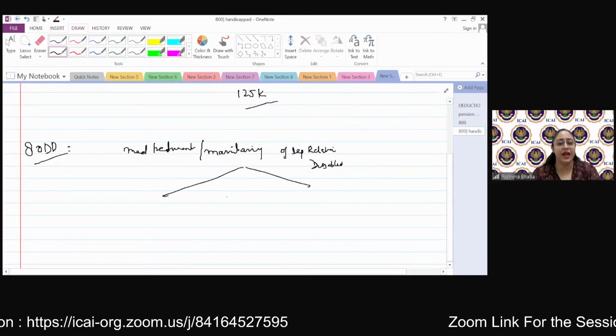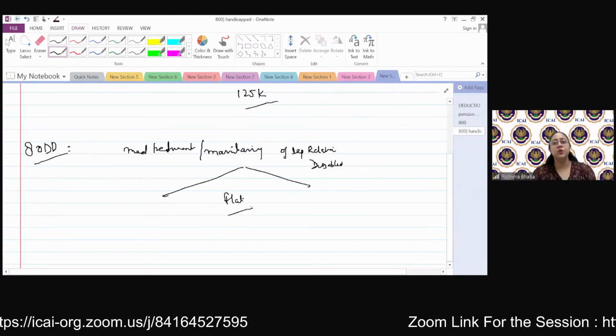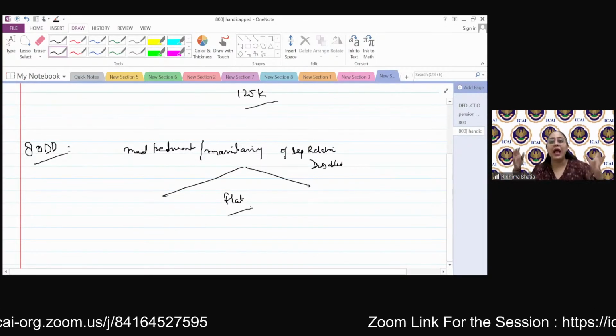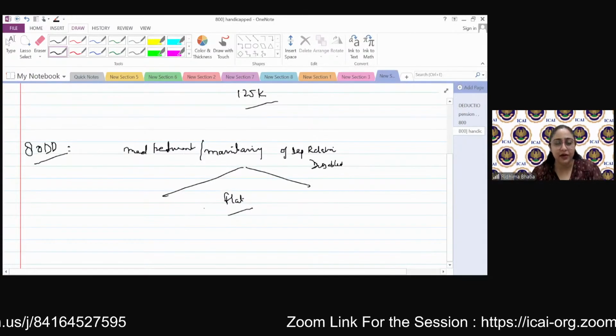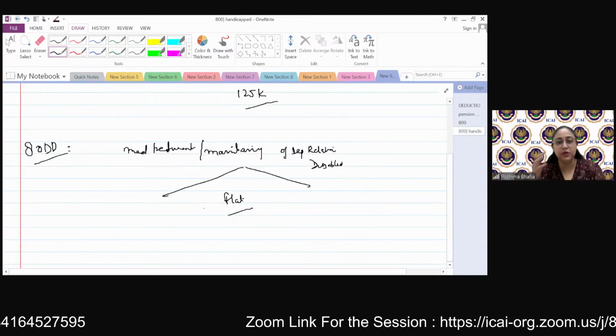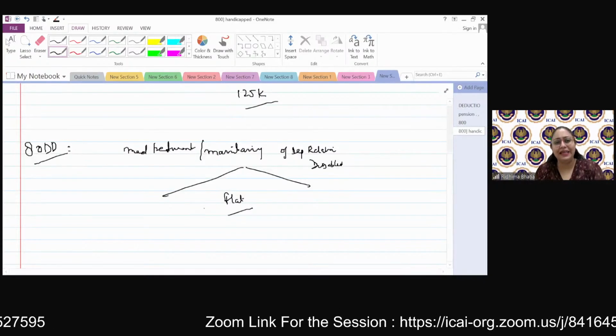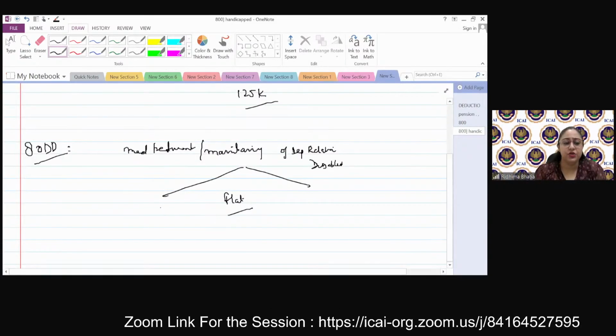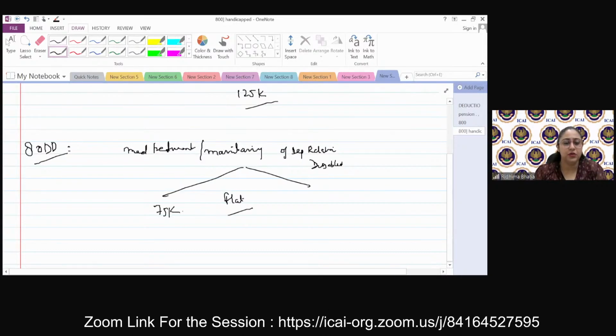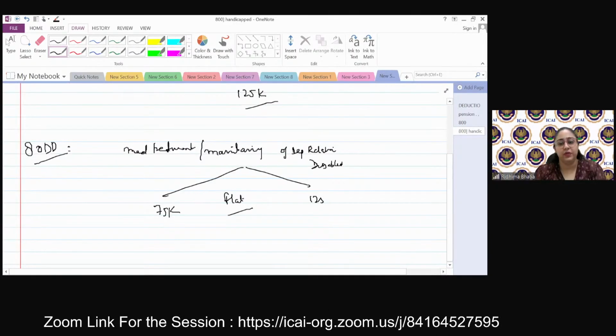Again, here the deduction is a flat deduction. That means there is no deduction based on actual expenditure. If an assessee is maintaining a dependent disabled person and taking care of their maintenance, treatment, insurance, etc., he will get a flat deduction of 75,000 or 1,25,000.